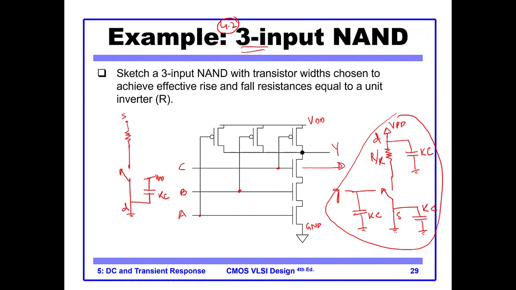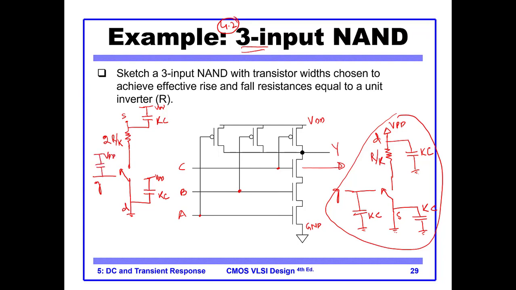The resistance is 2 times R by K, because this is a PMOS, and I told you that the PMOS has a larger size compared to the NMOS to support the same amount of current. So in order for the same amount of current to flow, the size has to double. This is VDD, and then on the gate side we have the gate, and then we have the capacitor connected to the ground.